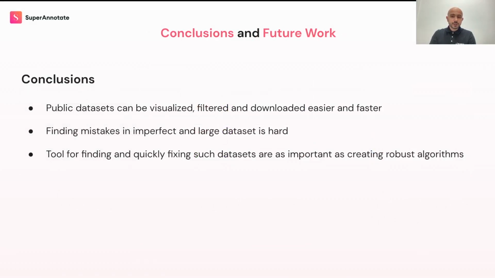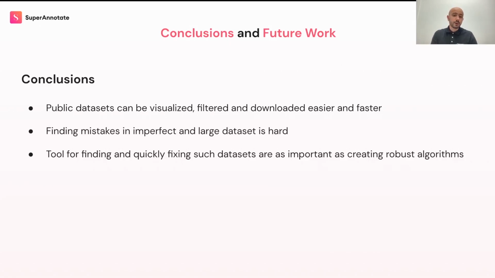Some of the conclusions and future work we're doing: public datasets can be visualized, filtered, and downloaded easily and a lot faster. You can also publish papers where you can upload your predictions and allow the community to visualize your predictions versus somebody else's predictions and compare them easily.